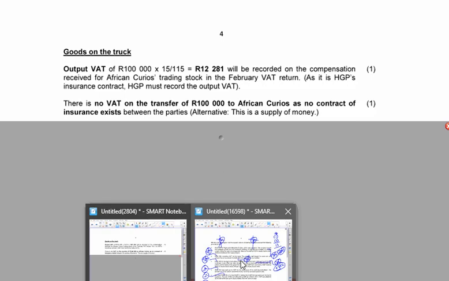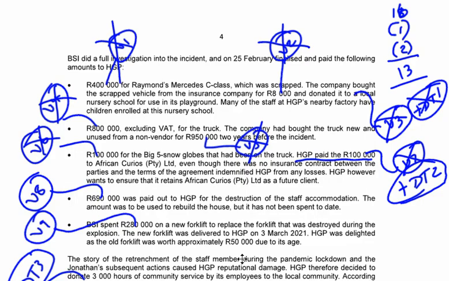And then what else is there in the question? There's also, is there donations tax here? What's going to happen? Guys, we didn't do it out of the goodness of our hearts. We wanted to retain African Curios as a future client. Even though we could normally discuss donations tax for 5 or 6 marks, we just need to get to the gist of it. This donation was not done with genuine benevolence. It was done because you wanted to retain a customer.